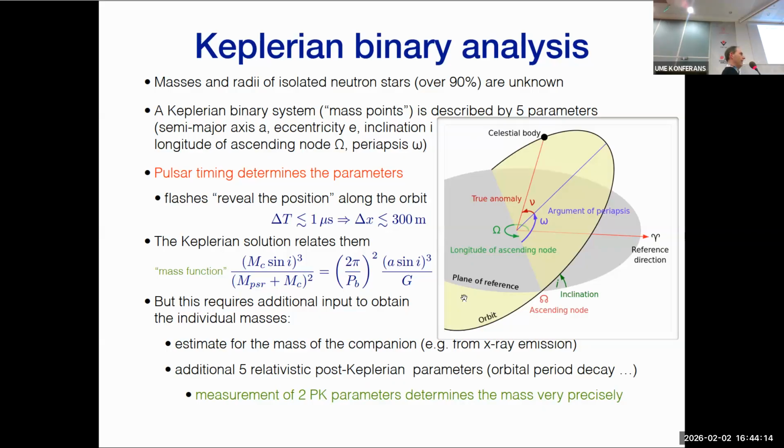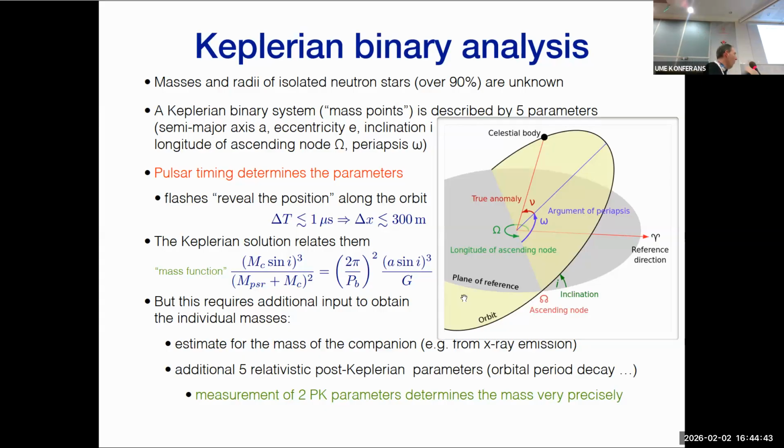They come in a bit earlier if it's going towards you, and so from this you can basically reconstruct the orbit of this binary system, and then that orbit to leading order will depend on something called the mass function. Say in the Newtonian case, it depends on this combination of the companion mass and the neutron star mass.